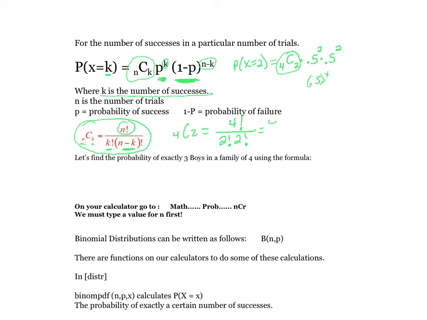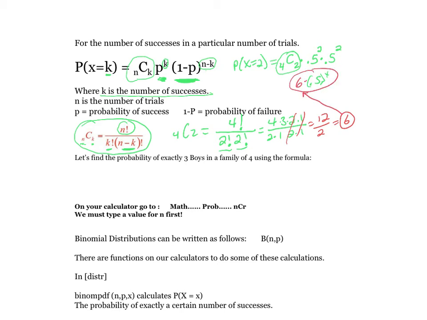Now, 4 factorial is 4 times 3 times 2 times 1. And 2 factorial is 2 times 1. And another 2 factorial is 2 times 1. And some of these cancel, which is cool about factorials. So 4 times 3 is 12 on top, and 2 times 1 is 2, which ends up being 6. So that 6 would go here in the formula.